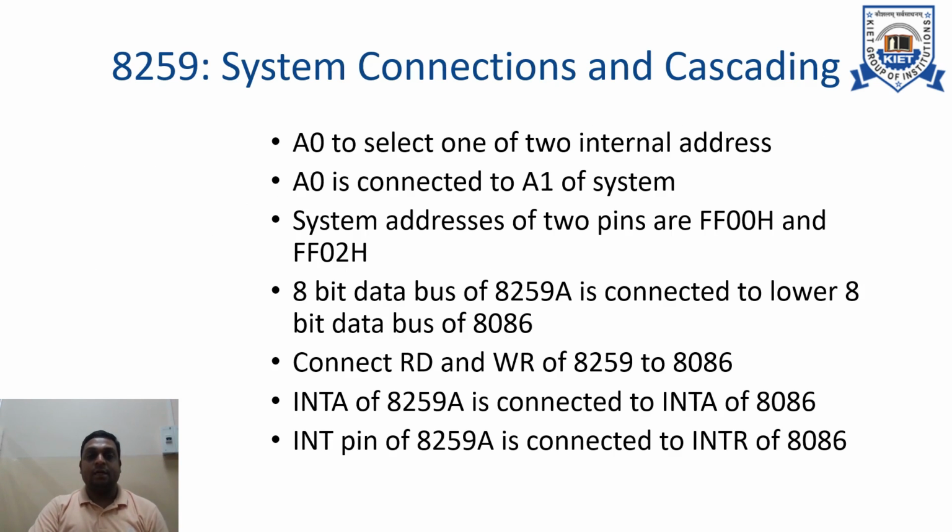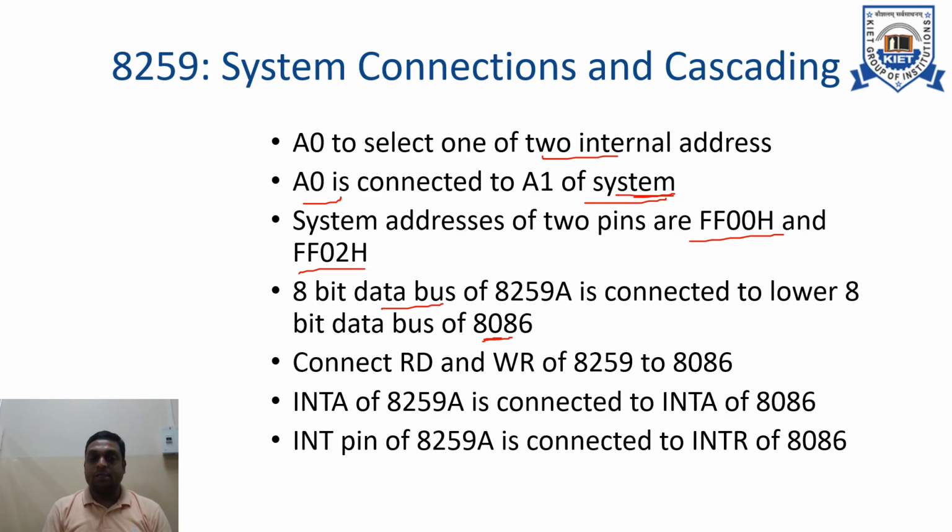8259 system connection and cascading. In 8259, A0 is connected to select 1 of 2 internal registers. A0 is connected to A1 of the system, system meaning the processor address pins. The 8-bit data bus of 8259 is connected to the lower 8-bit data bus of 8086.